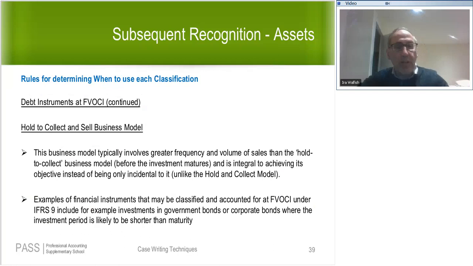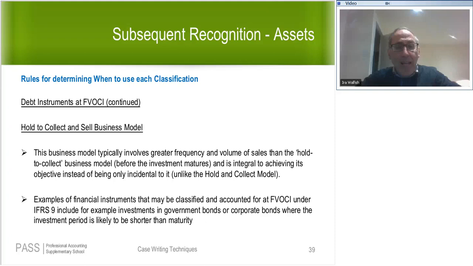I mentioned that with a hold to collect model, which is applicable when you're dealing with amortized cost, your primary goal is collecting on the bond. Occasionally, you might sell a bond, but it's more incidental to your main objective. Here, that's not the case. With a hold to collect and sell model, selling is integral to achieving your objective. It's not just incidental.